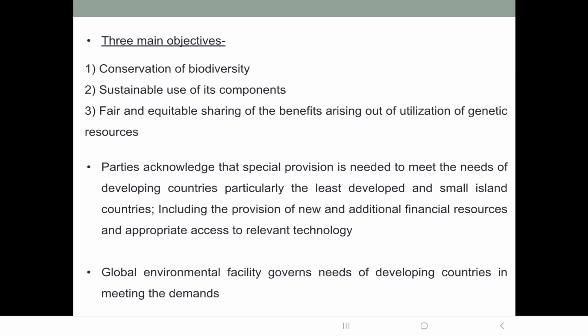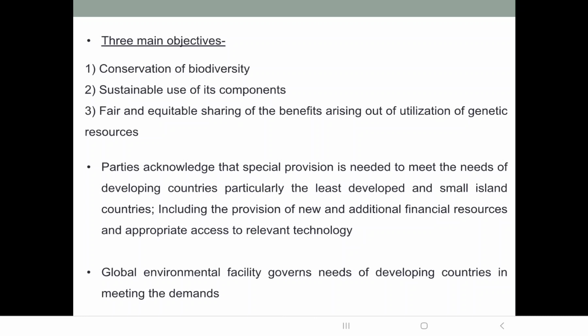Parties acknowledge that special provision is needed to meet the needs of developing countries, particularly the least developed and the small island countries. They have to be given additional financial resources, and appropriate technology should also be given to them.